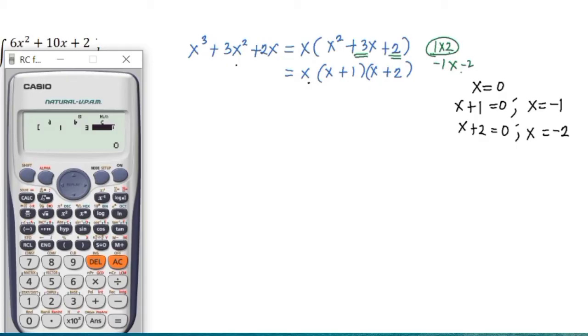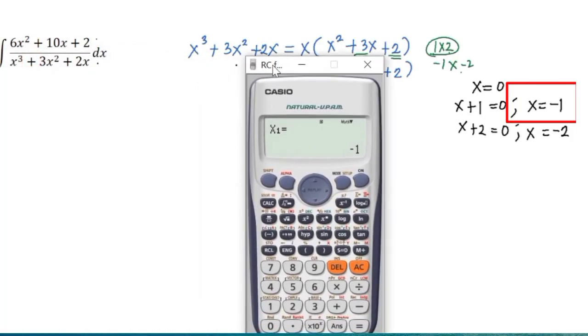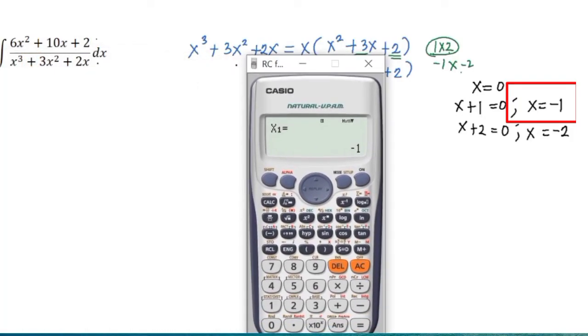Yung coefficient ng x, that's 2. Since wala tayong nakikitang constant, so that's 0. So, yung roots natin, x sub 1 is equal to negative 1, wherein yun din yung na-compute natin kanina. The second root is x is equal to negative 2, and x is equal to 0.